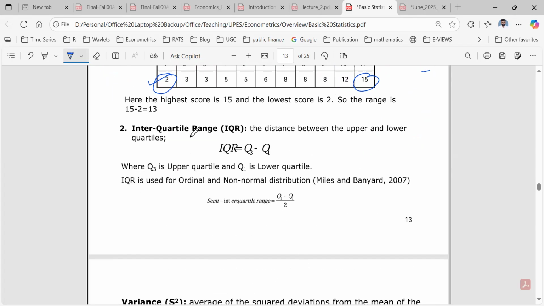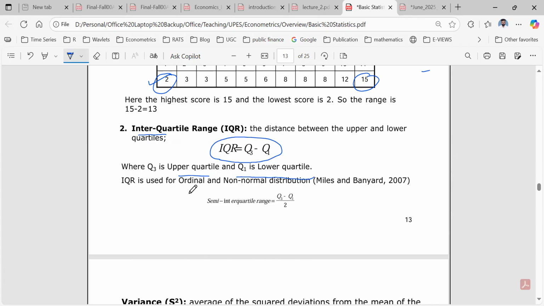You can see over here. If you divide the data into Q1, Q2, Q3, the interquartile range is basically the distance between the upper and lower quartile. Q3 is the upper quartile, Q1 is the lower quartile.